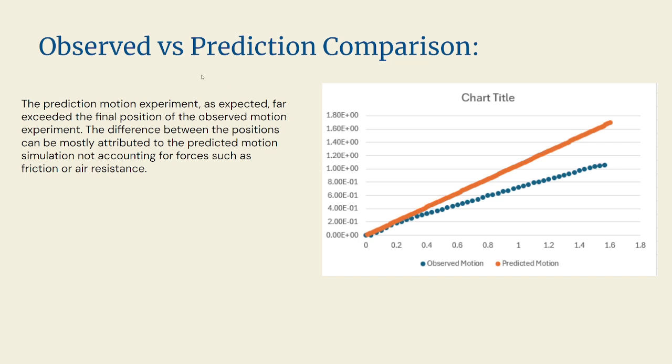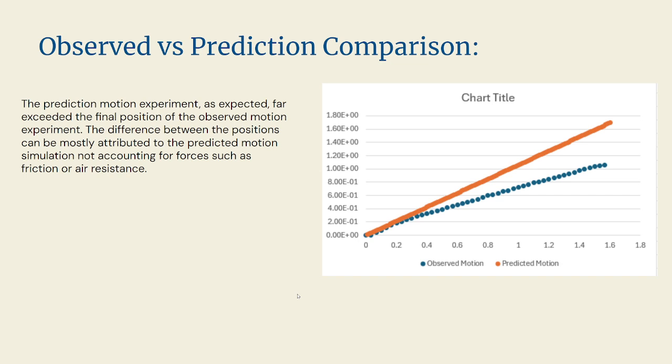Now we can compare the observed versus predicted motion. On the table here on the right, you'll see the comparison between the observed motion curve and the predicted motion curve. The x-axis is the time and the y-axis is the distance, and as you can see, the observed motion fell much shorter than the predicted motion curve.